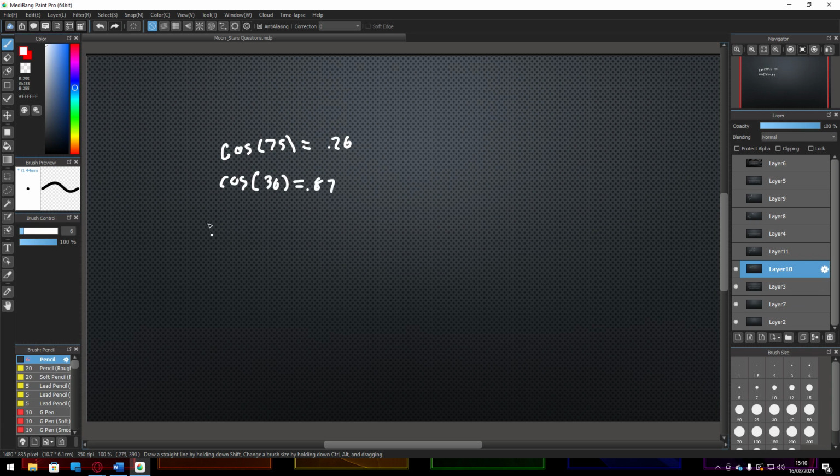So we're just going to do again here, 0.87 minus 0.26, which we know is equal to 0.61, and then instead of 100, you're going to do 200 times 0.61, which comes out to 121 miles is the distance that the observer has been moved if we're standing further back.